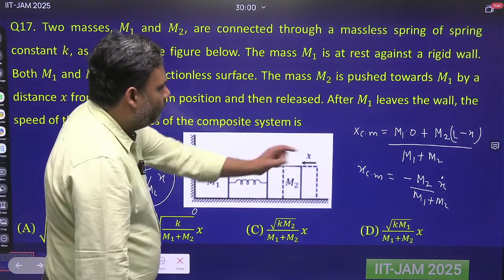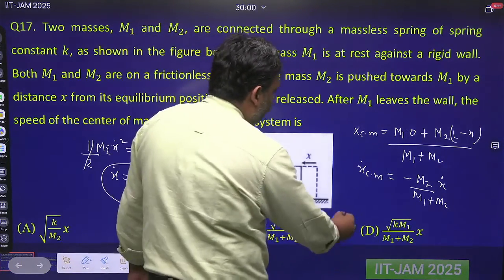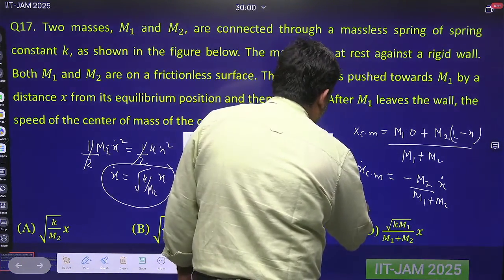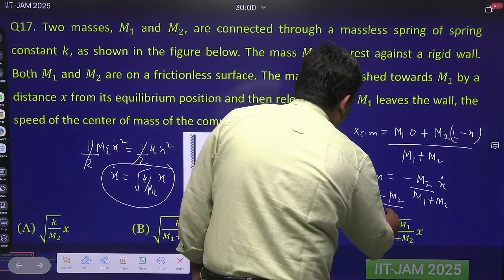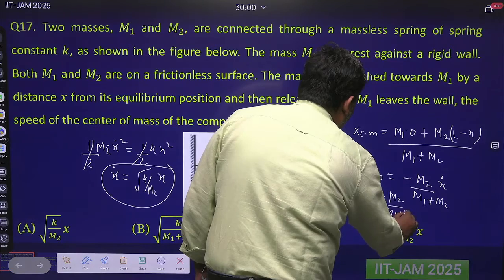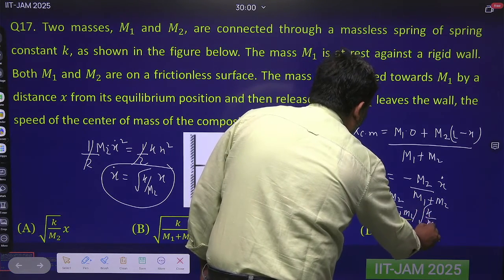Now we can put the value of x dot here. When we put this value, we have xcm dot is equal to minus m2 upon m1 plus m2 times root under k upon m2 into x.